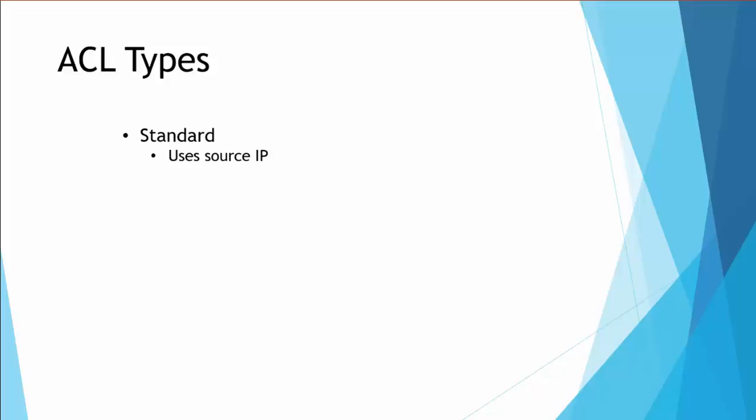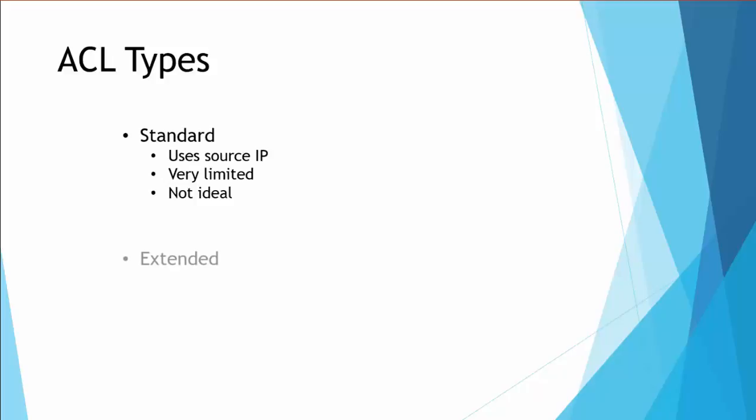In other words, a packet is accepted or discarded based solely on its source address. Because of this, standard ACLs are very limited in their capabilities. They can't distinguish between different types of traffic and therefore permit or deny an entire suite of protocols. Due to these limitations, standard ACLs are a less desirable option for most scenarios.